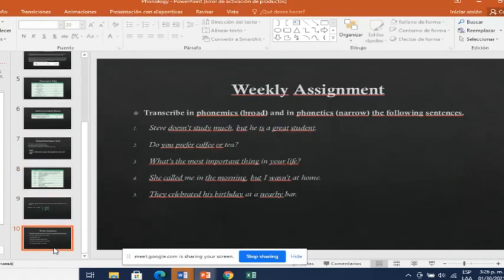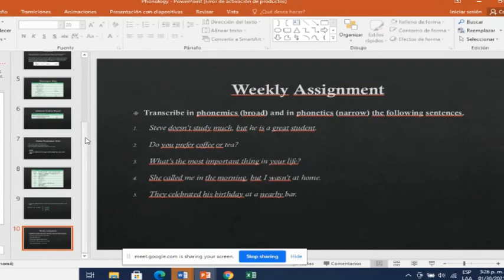But then I added the weekly assignment. As you can see, it is only five sentences. Very easy for you. It's not going to take so long. But you need to first transcribe the five sentences in broad transcription, in slashes. Then below, you will transcribe in square brackets.